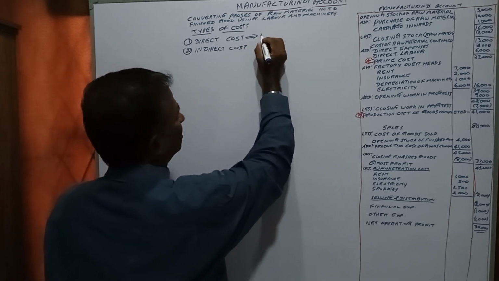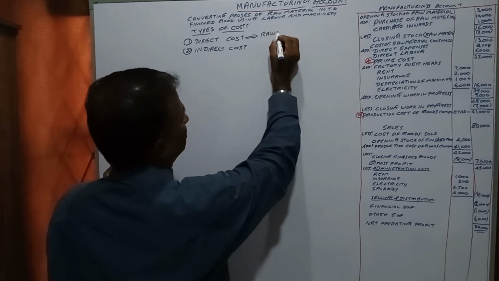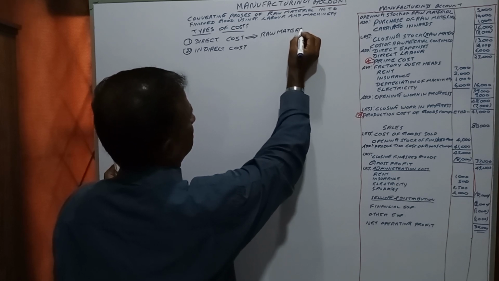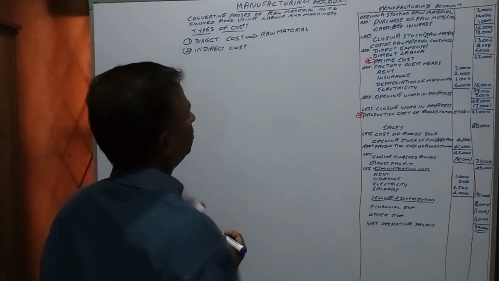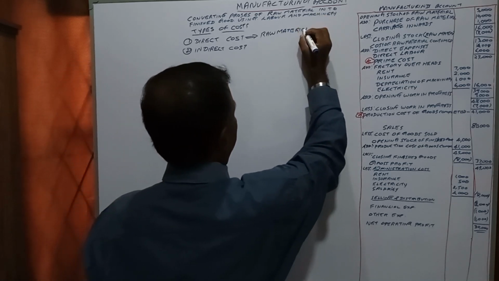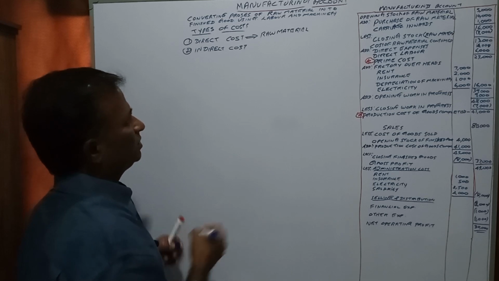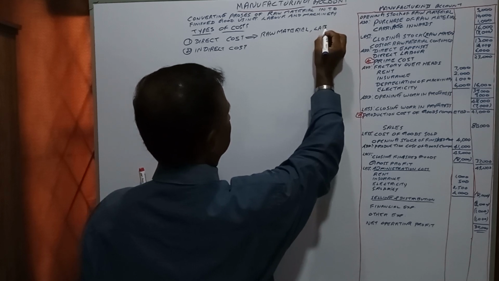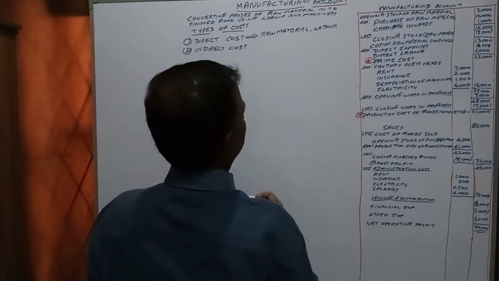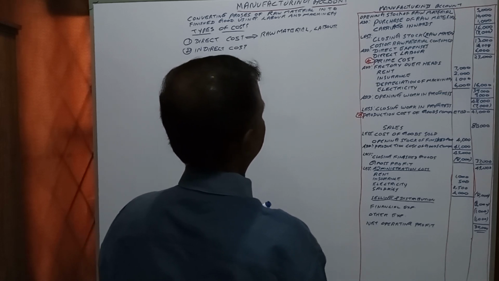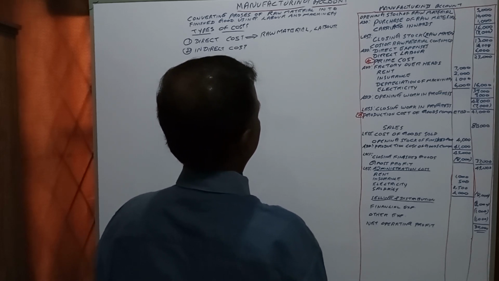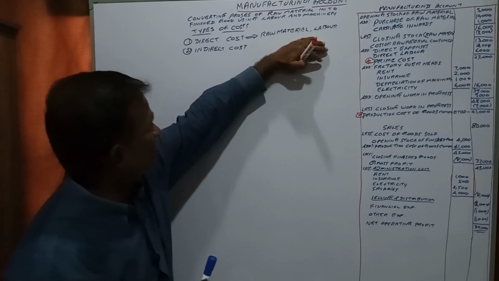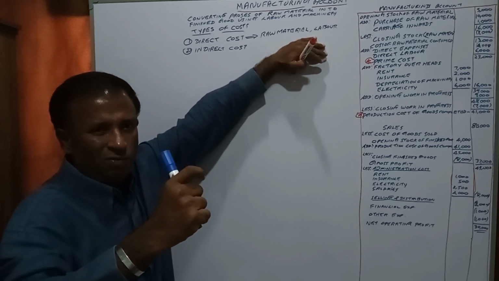One is raw material. Second one, labor. These are the direct expenses, direct cost involved in the production.